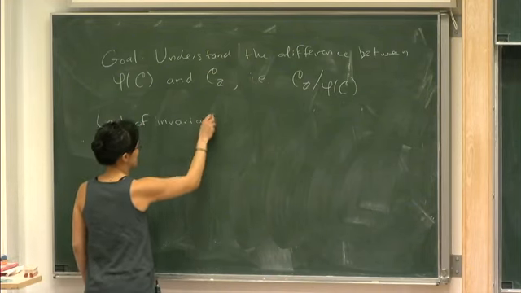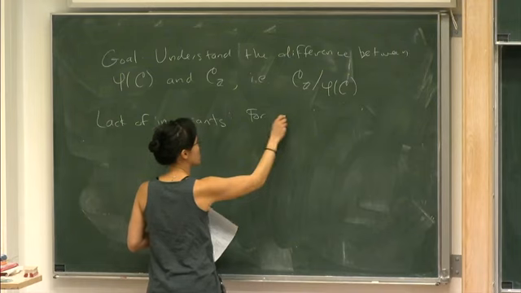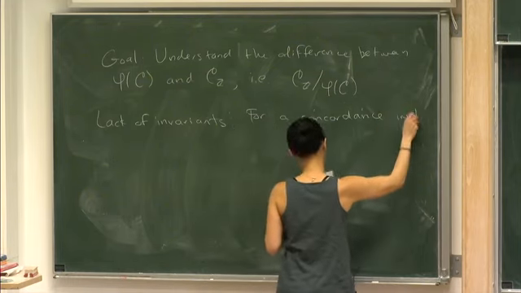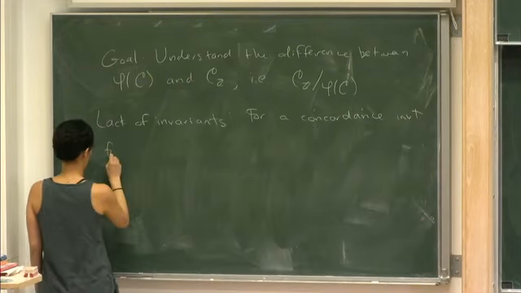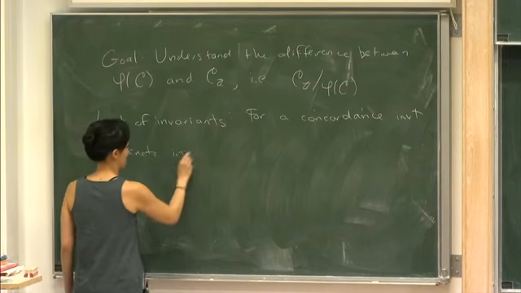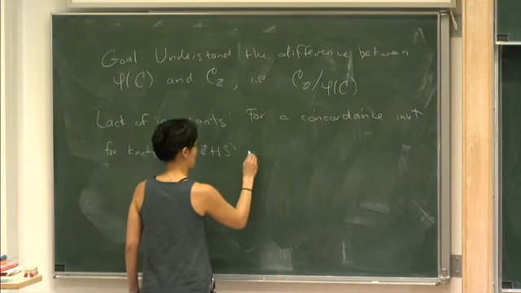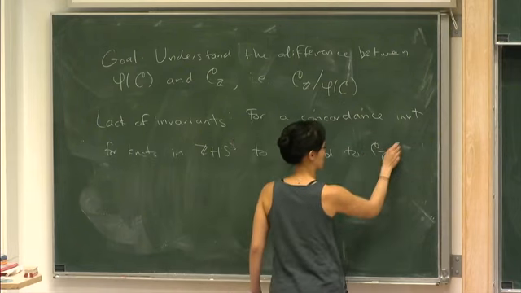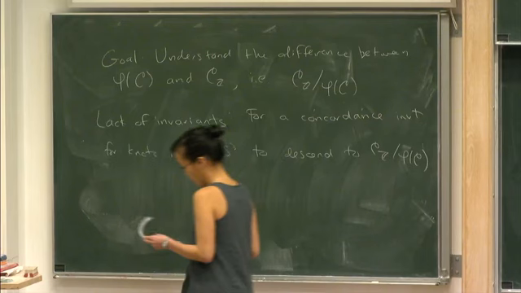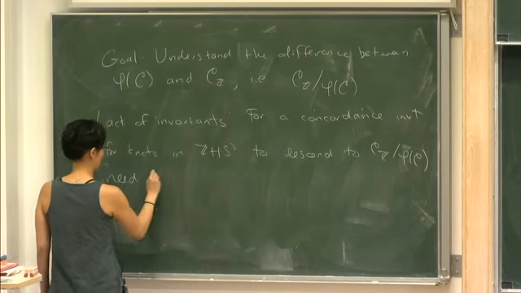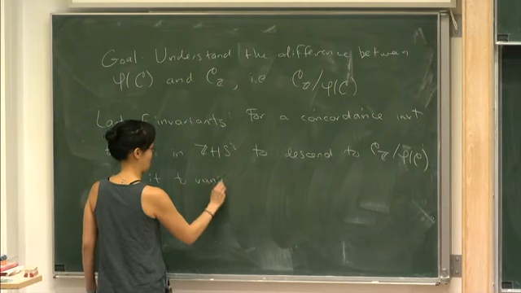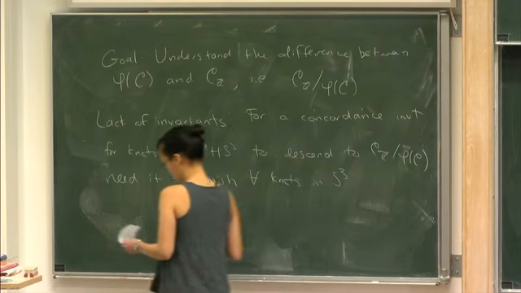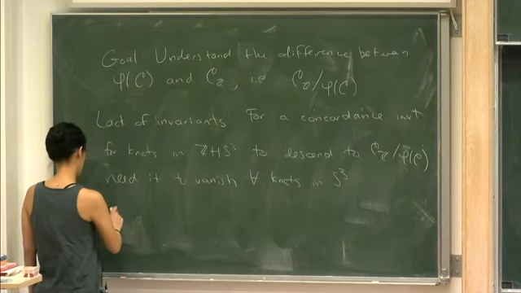For a concordance invariant for knots in an integer homology sphere to descend to this quotient, you need it to vanish for all knots in S3, and that's typically not a desired property.